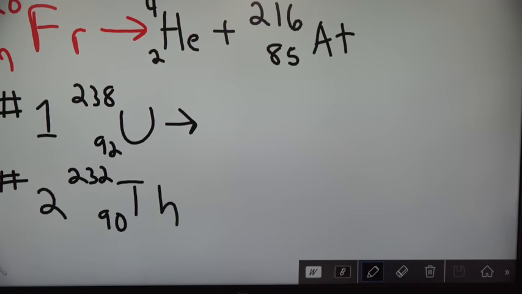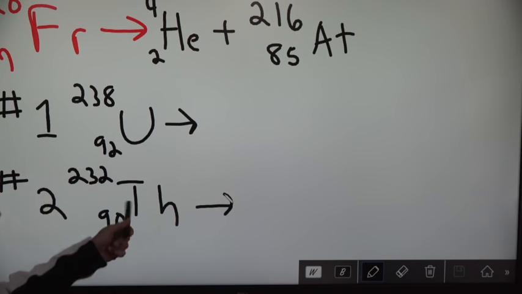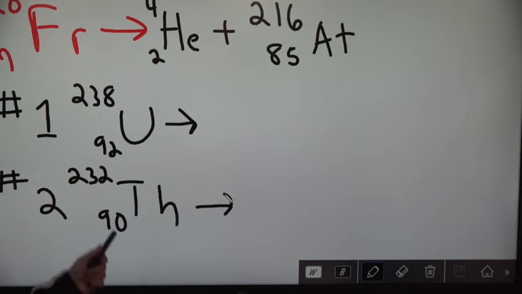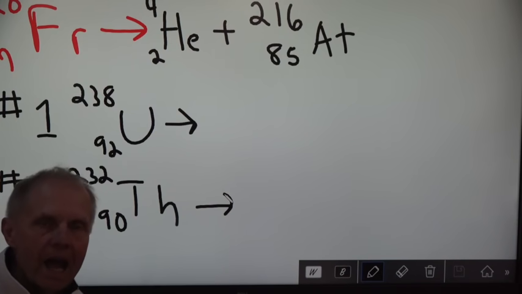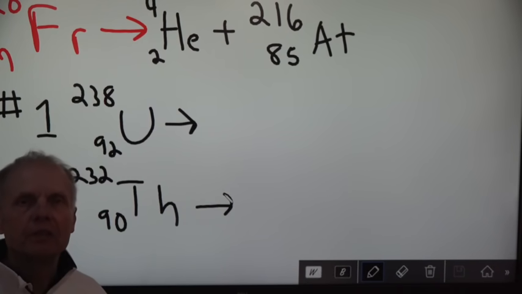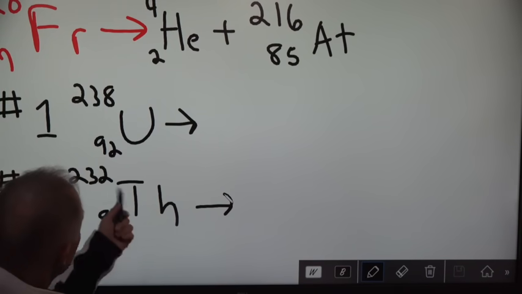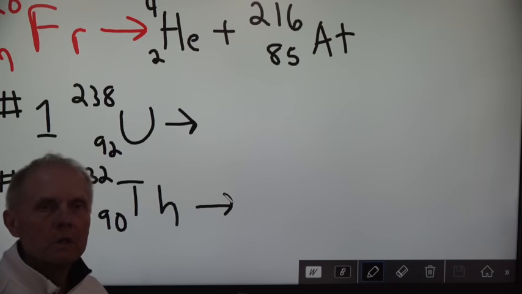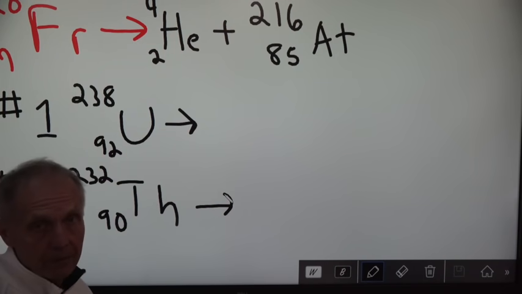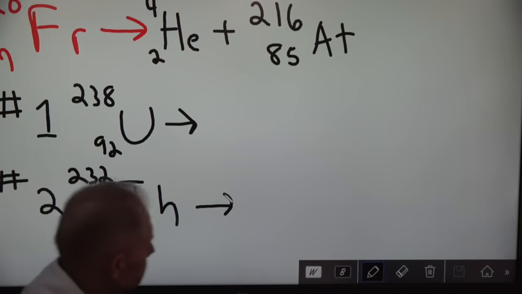The second alpha decay I want you to do is thorium-232, 90. Don't forget, alpha decay means the radioisotope spits out an alpha particle, atomic mass down by 4, atomic number down by 2. So those are the first two that you should send me.